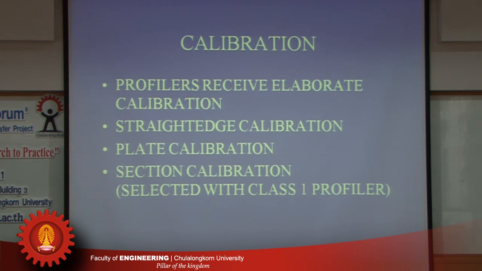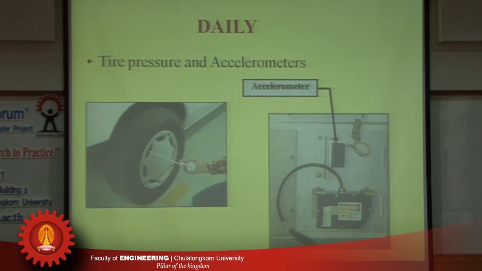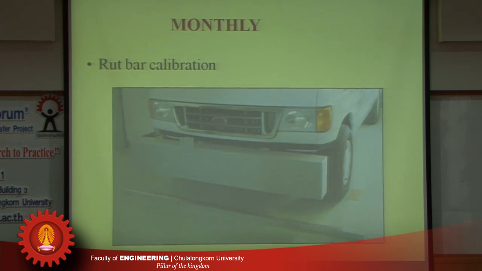So the equipment needs to be calibrated. I want to talk about the calibration briefly here. Okay, it's very important. The equipment is calibrated for pressure, the accelerometer on the high-speed profiler. This front bar needs to be calibrated so that basically the laser that's mounted on this front bar measures the distance from the bar to the pavement surface, and so that equipment needs to be properly calibrated.